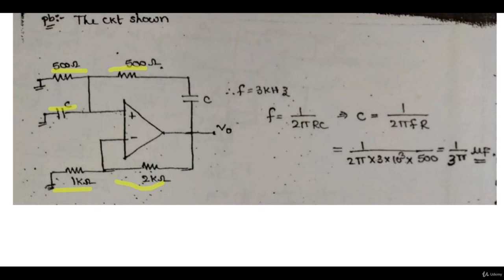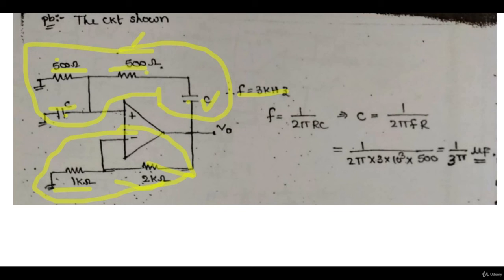This is the negative terminal, this is the gain part, and this is the feedback path. One capacitor and resistor are in series, and the same capacitor and resistor are in parallel. So this is the feedback network, this is the gain network. Frequency of oscillation is given to you as 3 kilohertz. So you have to calculate the value of C.